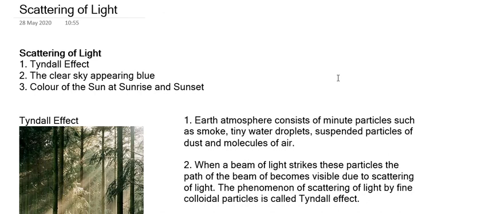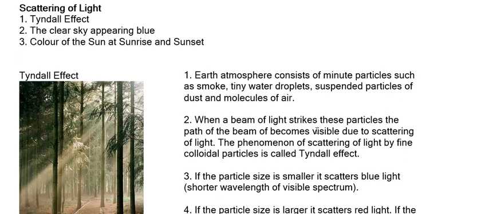Let me start with the Tyndall effect. You could have seen in dense forests, you can see the beam of sunlight very clearly. This phenomenon is due to the Tyndall effect.